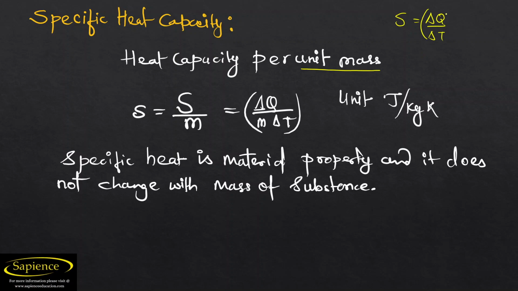But if this heat capacity is divided by mass, then our quantity will be known as specific heat capacity, and it is denoted by small s. So small s is capital S divided by m, that is equal to del Q by m into delta T, and its unit is joule per kg Kelvin.